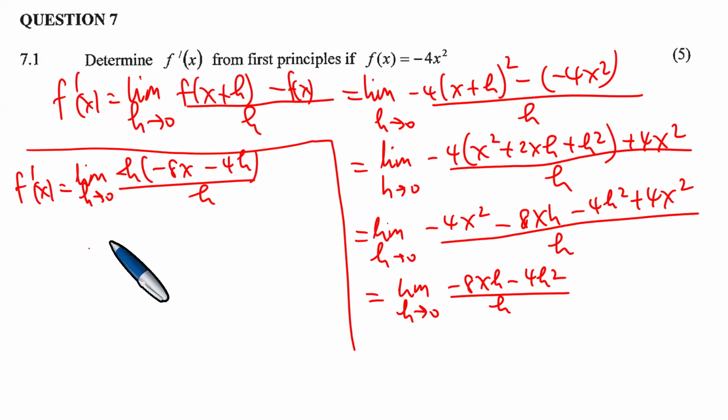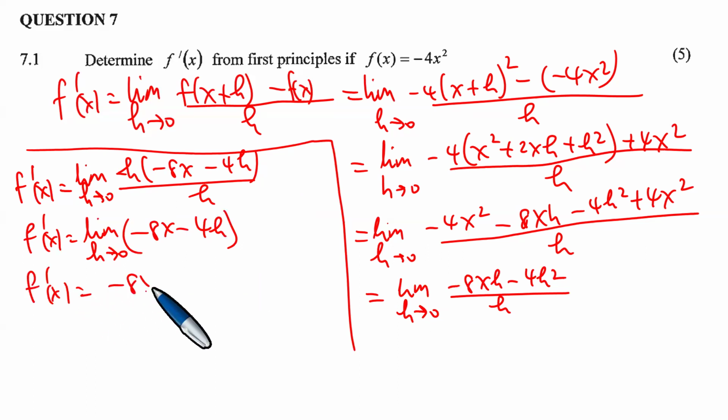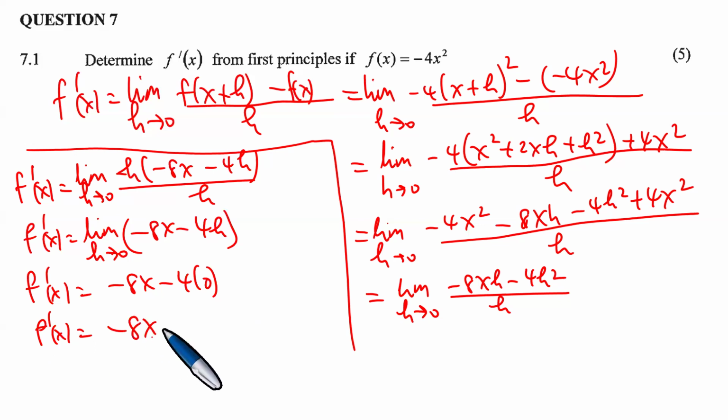Divide by h. h cancels, so that you have f prime of x, which is the limit as h approaches 0 of minus 8x minus 4h. As h tends to 0, this is minus 8x minus 4 times 0, which means f prime is minus 8x. Okay, take note of that.